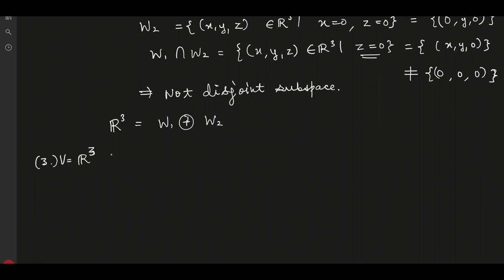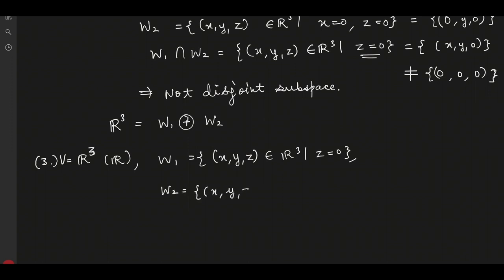Vector space R cube over R, with two subspaces, one of them x is equal to 0.